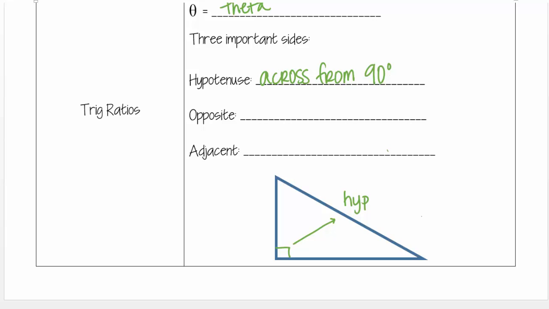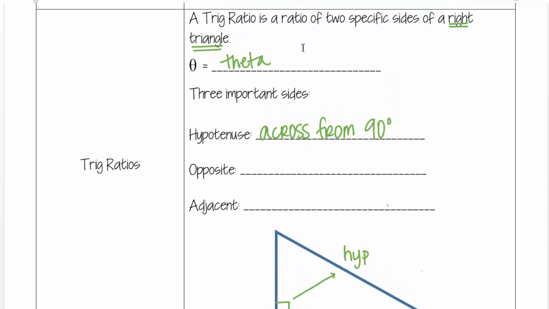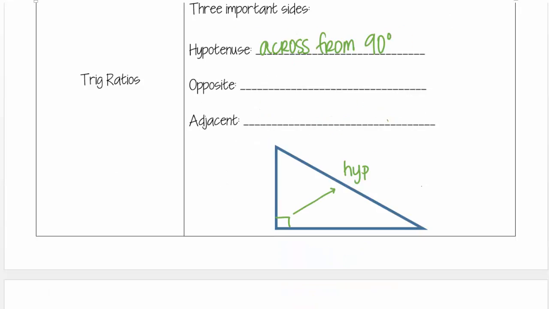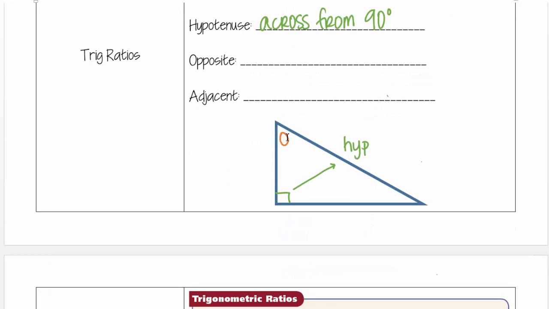Now the opposite side depends on what angle we're talking about in here. So theta is what we use instead of x to represent an angle. So this up here is an unknown angle. So let's say this is the angle that I don't know.